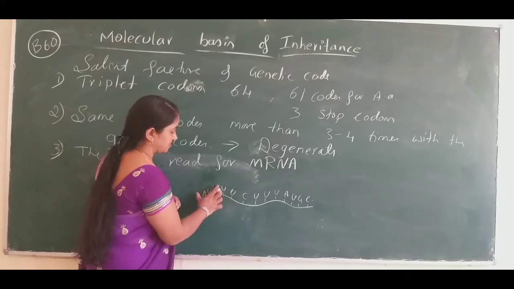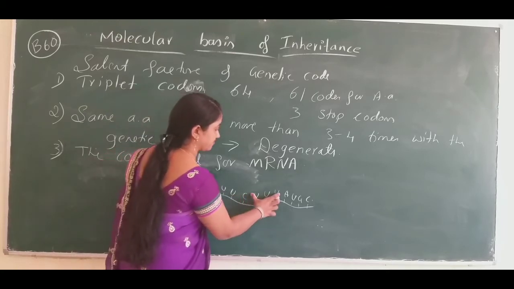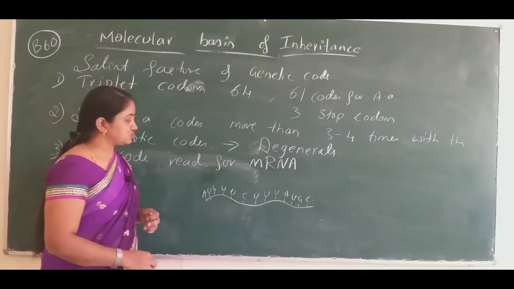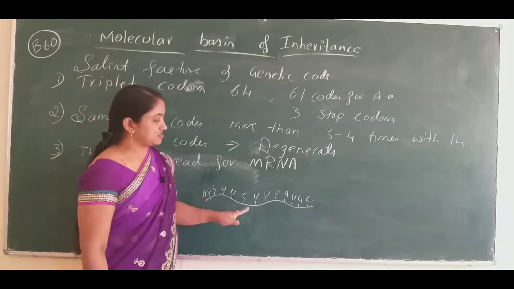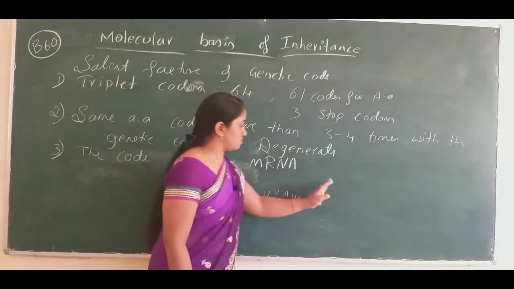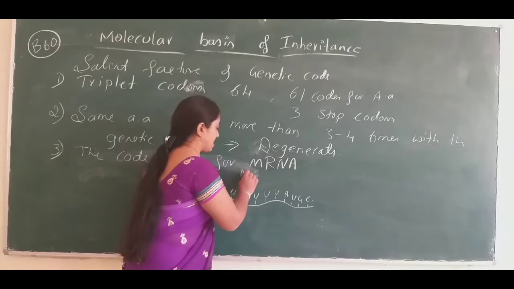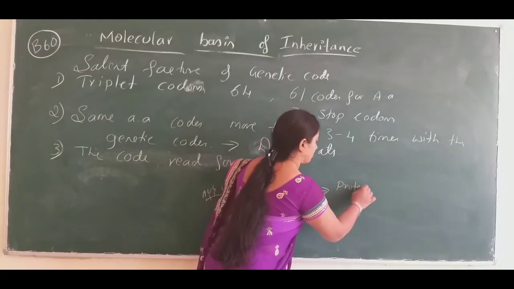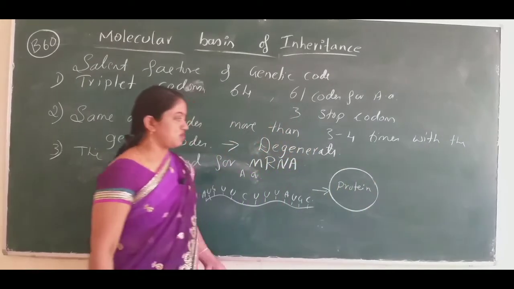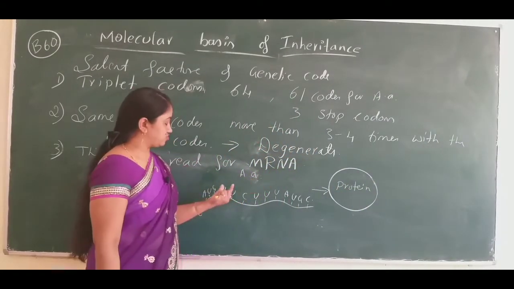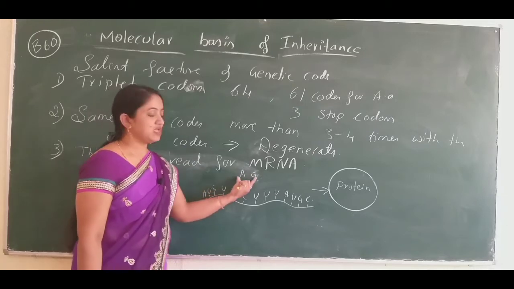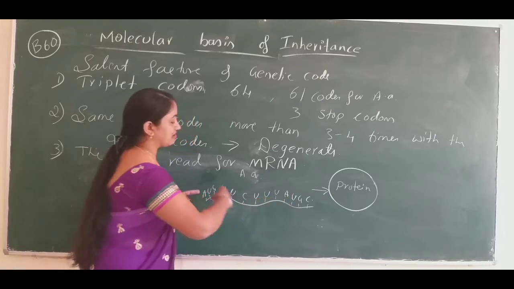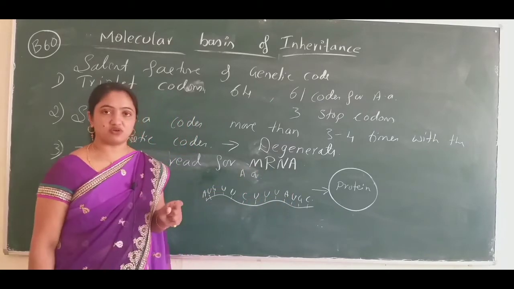So this is one triplet codon, this is one triplet codon, this is one triplet codon, and this is one triplet codon. Now the mRNA is ready to code for the amino acids for the synthesis of a protein molecule. You can see the fashion of triplet codons here.